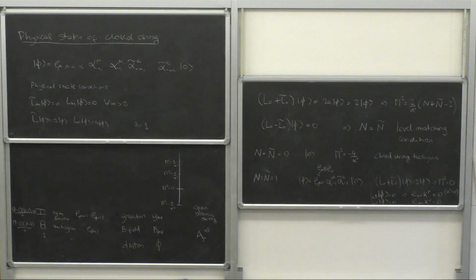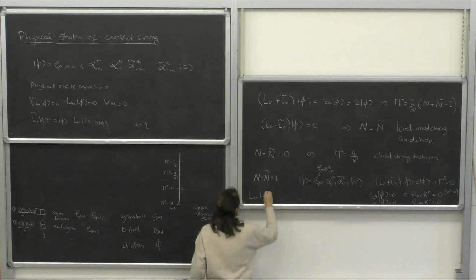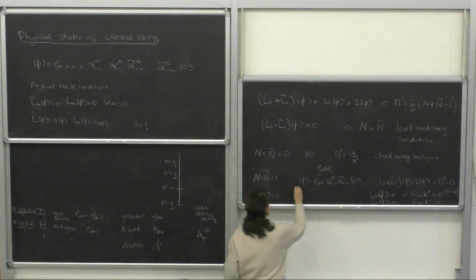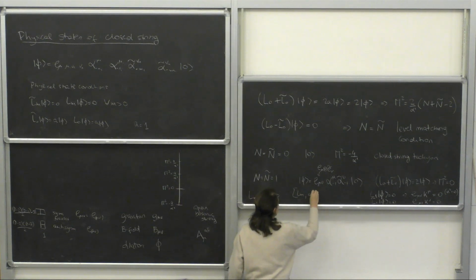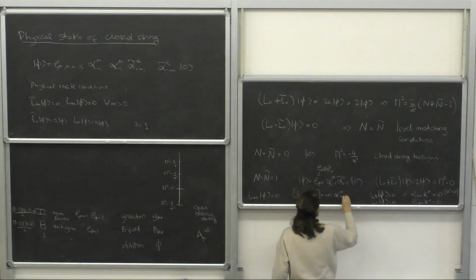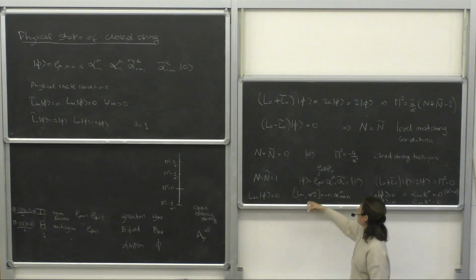Okay, questions about this? Yes. You mean that L_m phi is equal to 0 automatically for all m greater than 2. Yeah, you can do it with this commutator, [L_m, alpha^mu_n] = -n alpha^mu_{m+n}. So this raises whatever alpha by m.